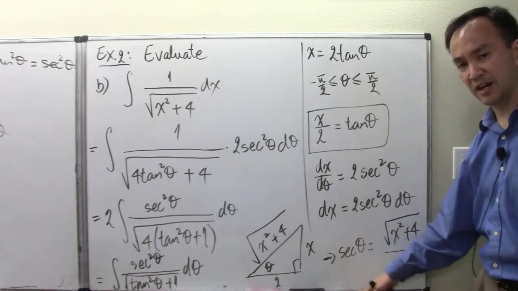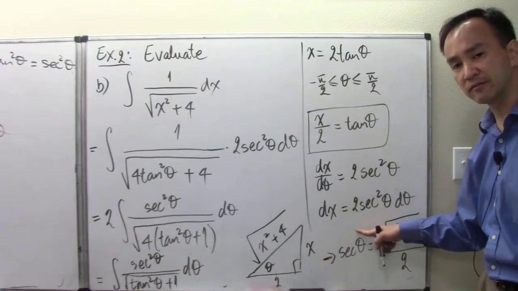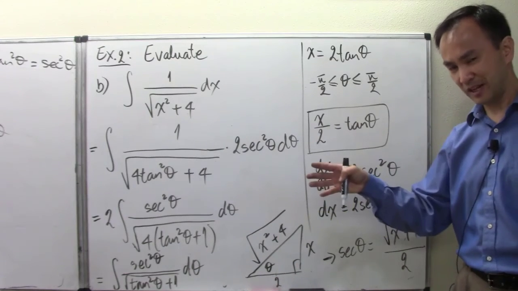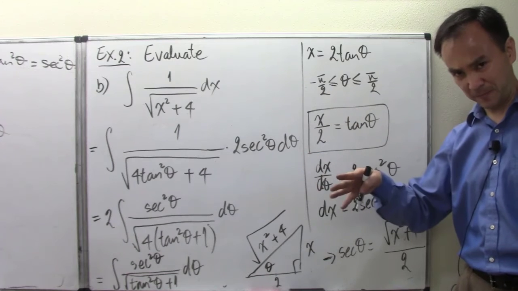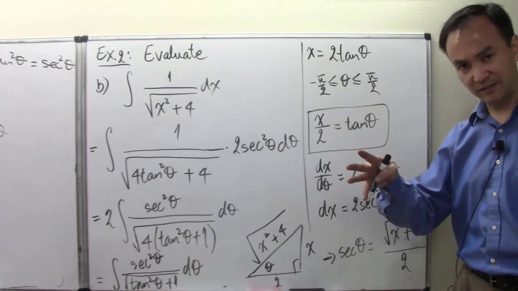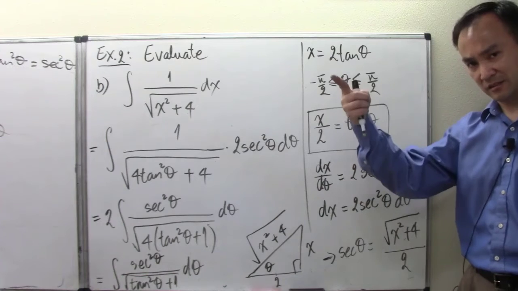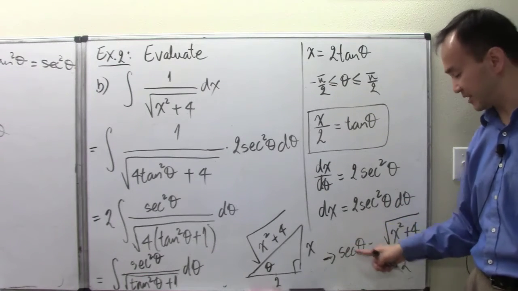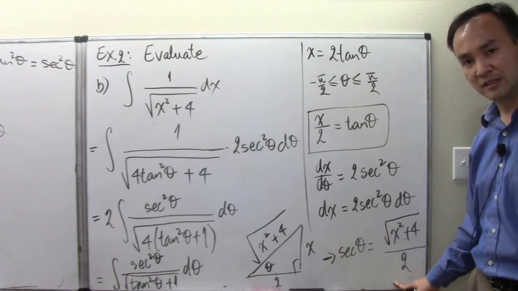That's how I can calculate secant of theta in this triangle. Again, secant is the reciprocal of cosine, and cosine itself is always known to be adjacent over hypotenuse. So in a triangle like this, secant of theta is hypotenuse over adjacent.